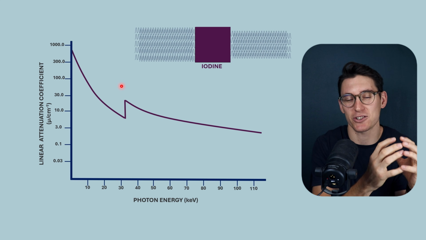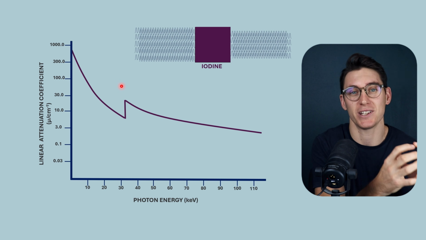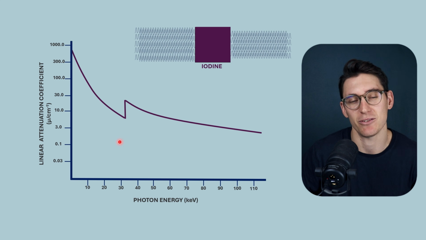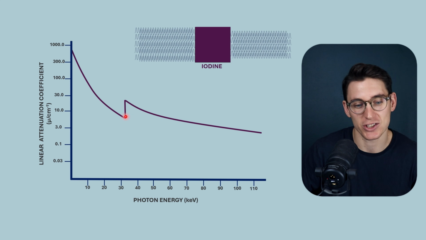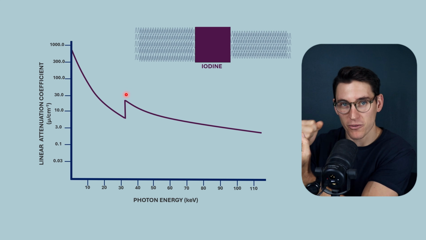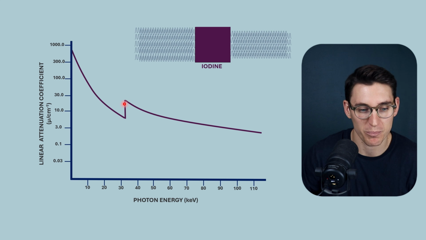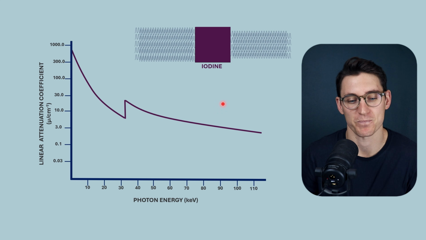And the inner shell electrons of iodine, iodine's a large atom, it's got tightly bound inner shell electrons. Their binding energy is about 33 keV. Once our incident photon energy is higher than 33 keV, we've got a whole extra shell of electrons that can then provide an electron to contribute to the photoelectric effect. So we get this jump up in linear attenuation coefficient before we get the drop down again.